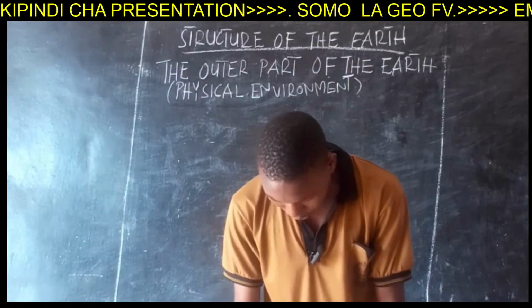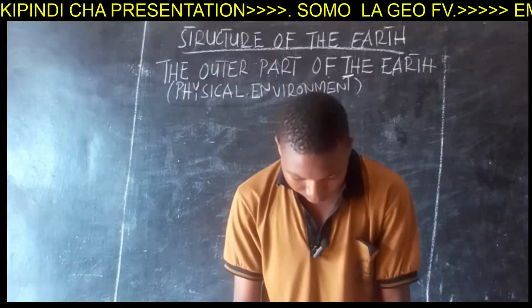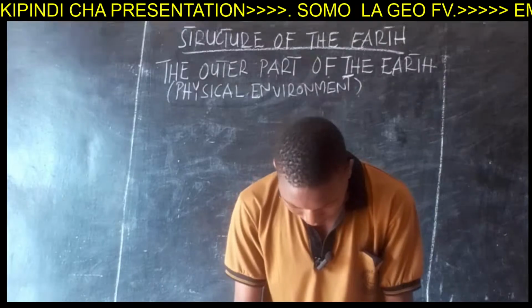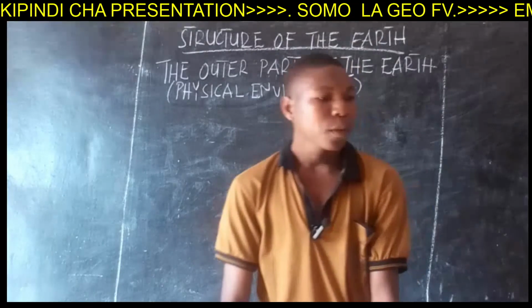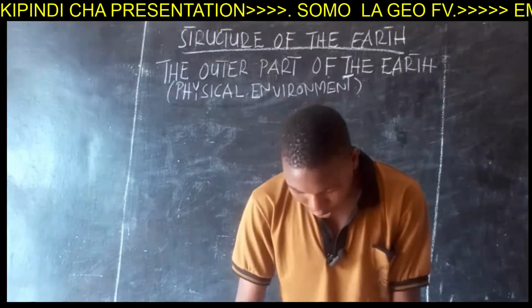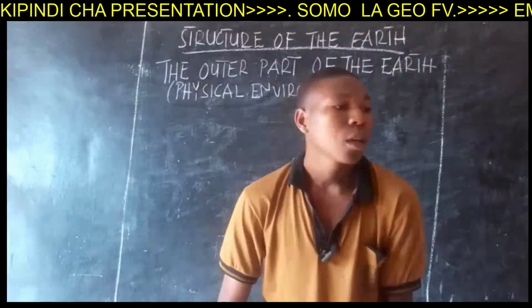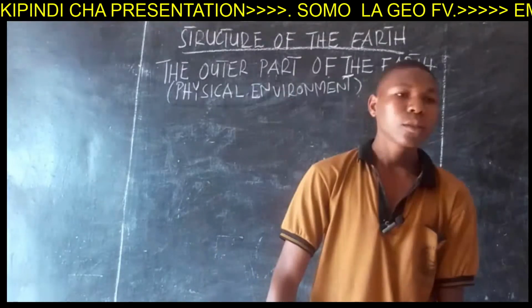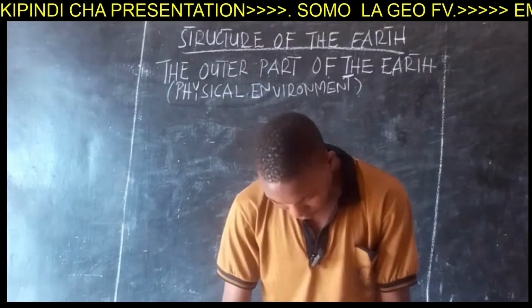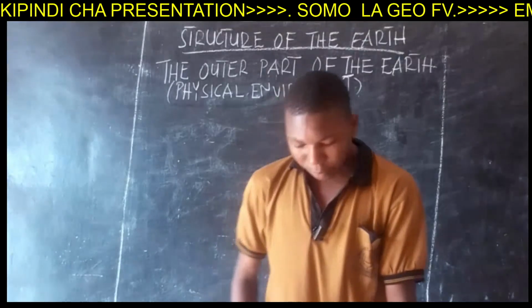The lower part of the zone is the thermosphere, where temperature increases with increasing altitude from 100 centigrade to about 500 centigrade.